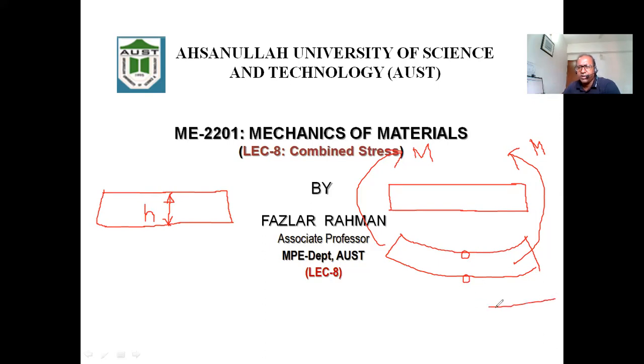Say one force working along this direction, the other force working along this direction. How much will be the moment between them? If the distance is h, the moment will be F into h, right? So F into h will be equal to M. So what will be the F? F equal to M by h.